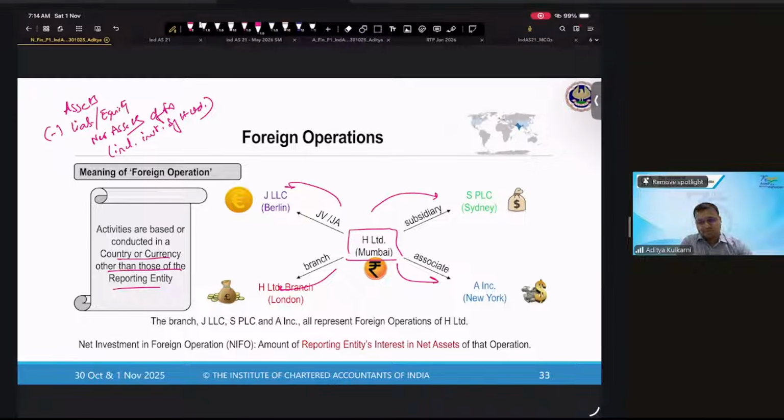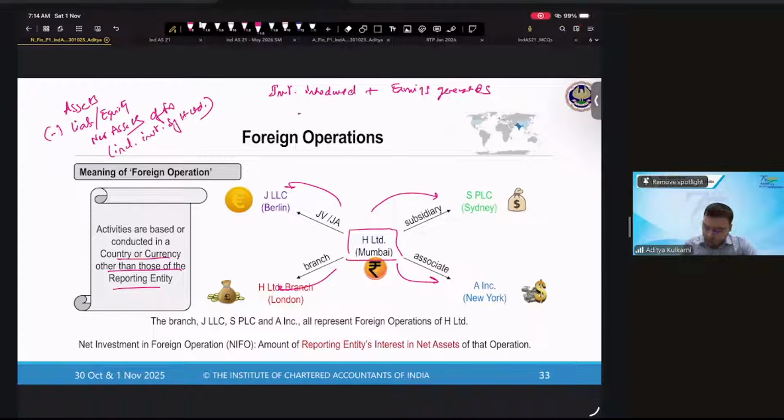So basically, my investment which I am putting in, my foreign operation will be the investment introduced plus whatever earnings it generates.